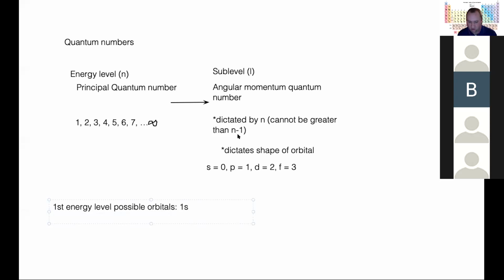energy level. If I go to the second energy level, I have the possibility for 2s, because I can have 2 and 0, but I can also have 2 and 1, which means that 2p is also possible.